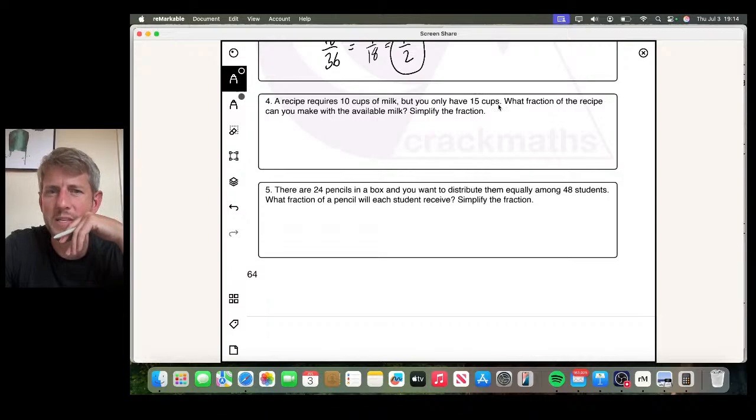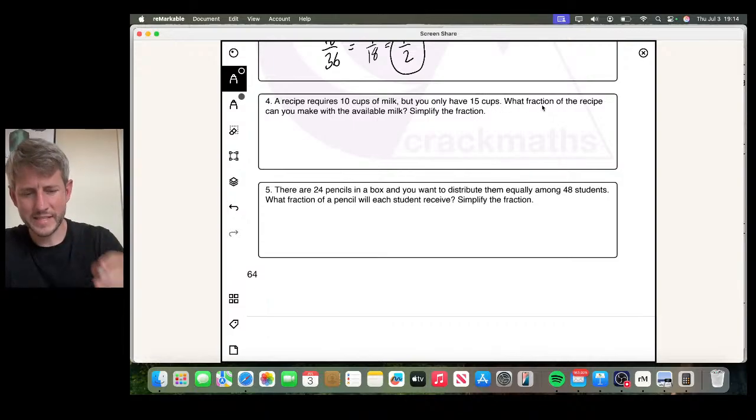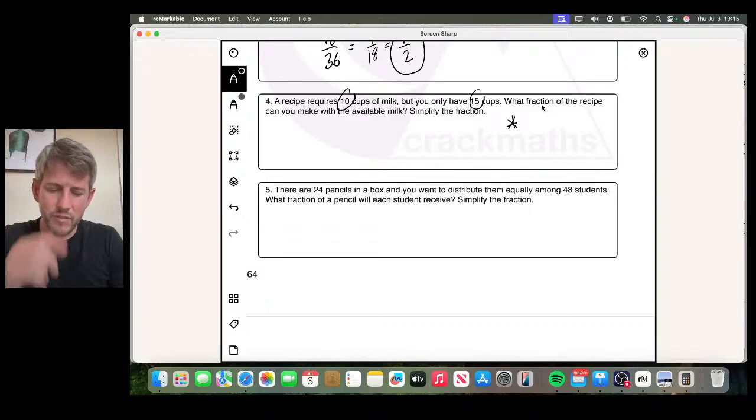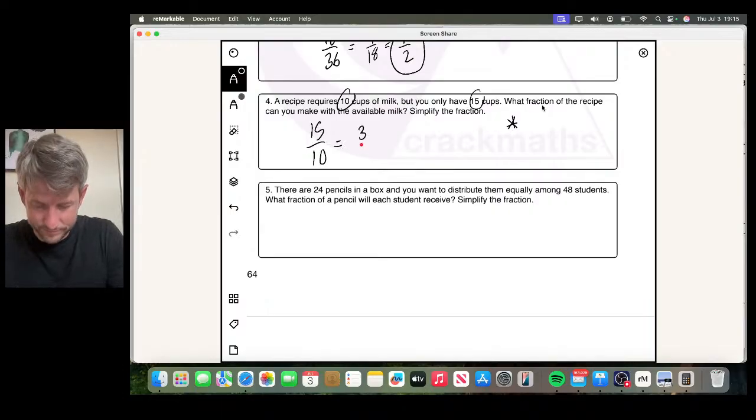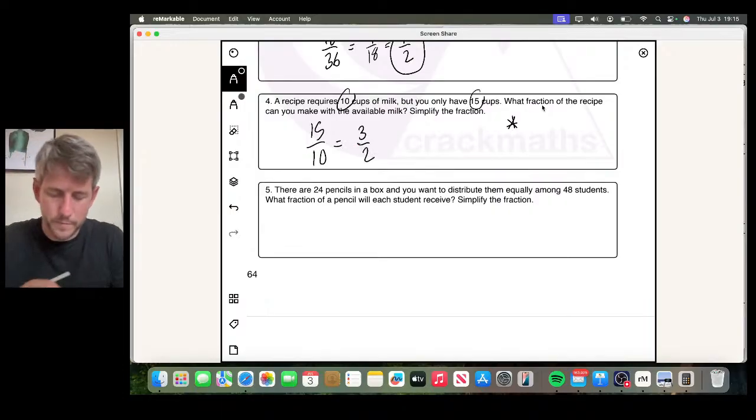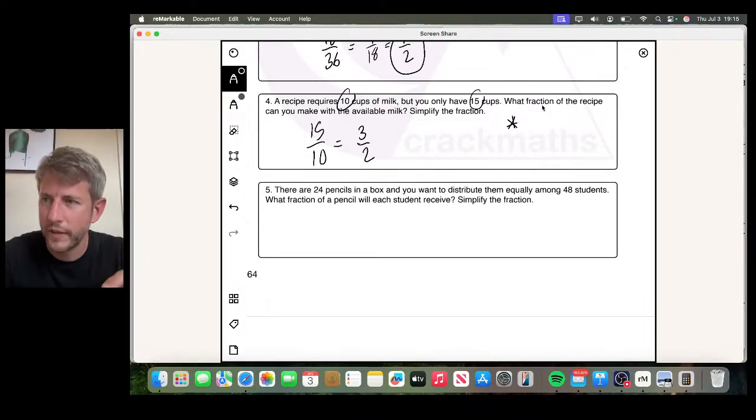What fraction of the recipe? Let's have a look at the answers. So currently, if it requires 10, but you have 15, you've got 15 tenths, okay? Which is 3 out of 2. But that doesn't make sense with that question, so we're going to need to have a look at that.